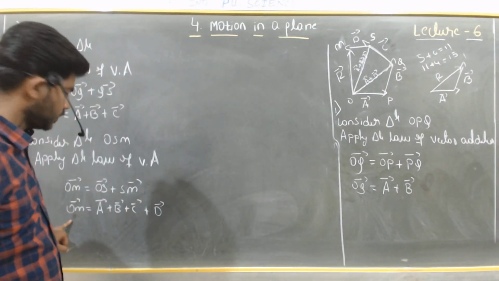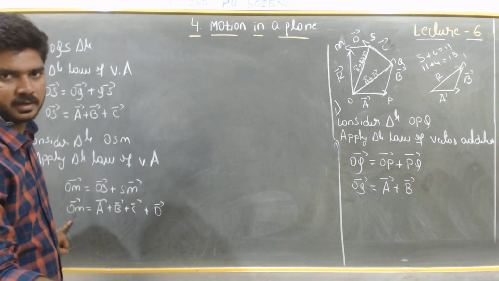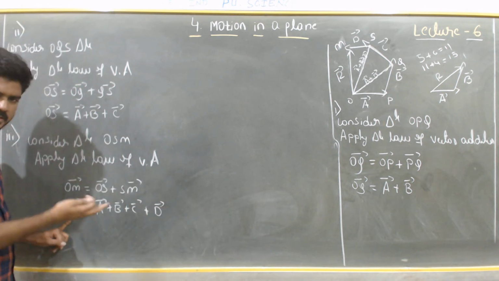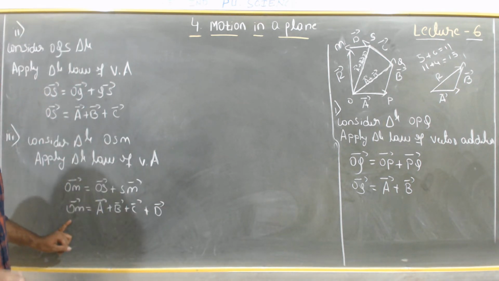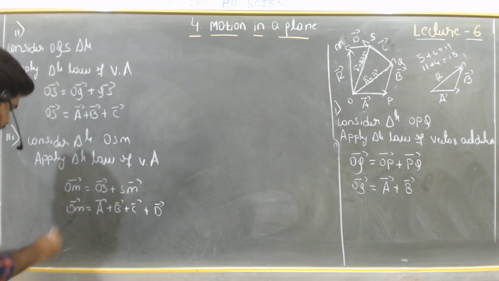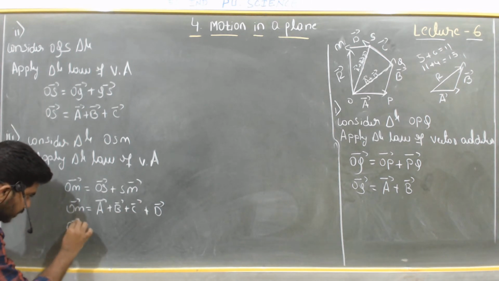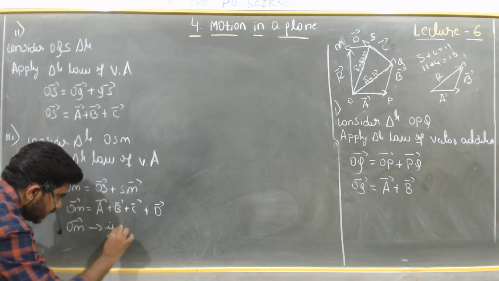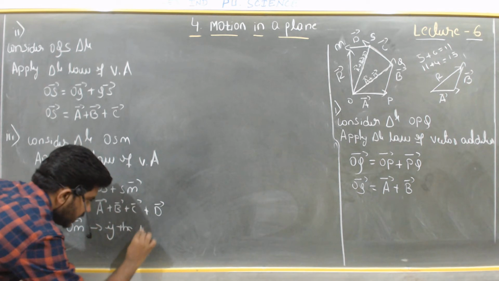It means in place of OM I am going to write R. Of course, if you write OM, that is also correct, but OM acts as the resultant vector. We can write R. Here I will write OM is the resultant vector.